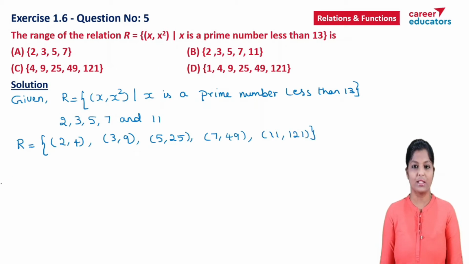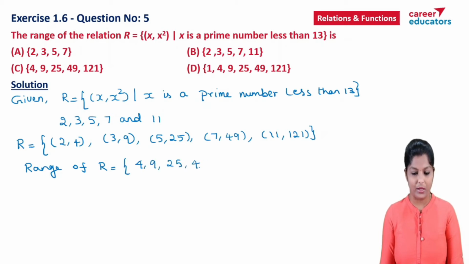Now we got relation R. Next, to find the range of relation R, we have to write all the second coordinates of relation R. Therefore, range of R equal to 4 comma 9 comma 25 comma 49 and 121.